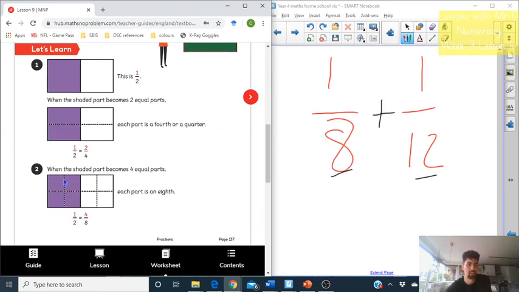I can split my half again, or I can split those quarters again, and I can have the same bit shaded in every single whole, but here the parts are getting smaller, so I'm going to need more in the denominator for the smaller parts to make up the same amount in a half.